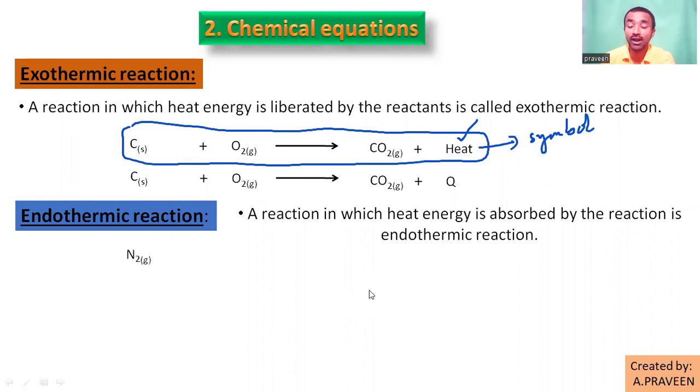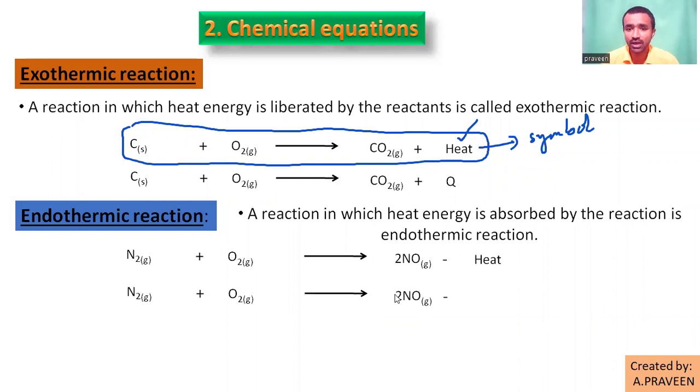For example, nitrogen and oxygen combination will give you nitrogen monoxide, NO, right? Along with that, we can observe the changes: heat energy is absorbed, so it becomes cool. Also, we can write this equation as N2 plus O2 gives 2NO minus Q, a loss, minus.